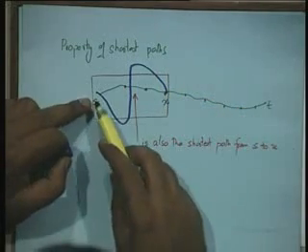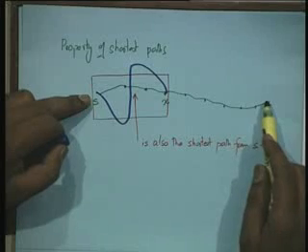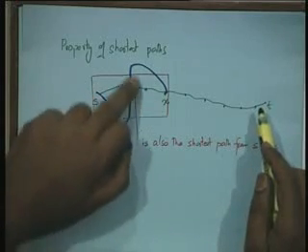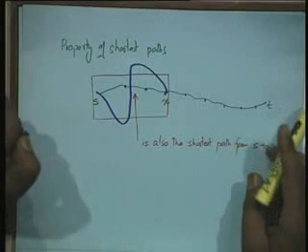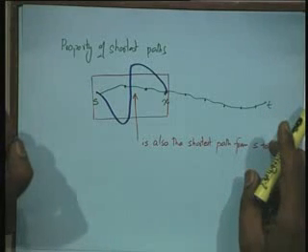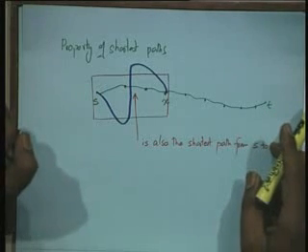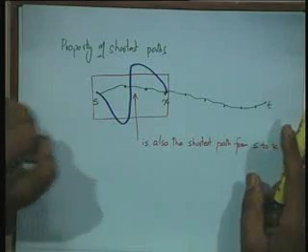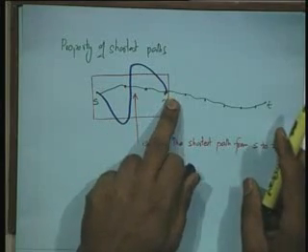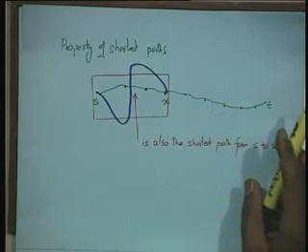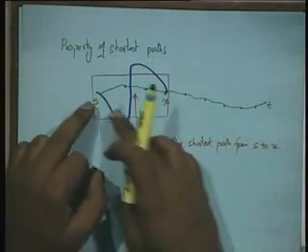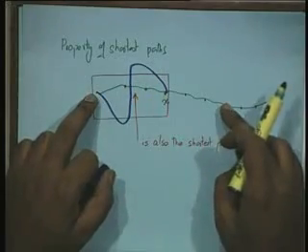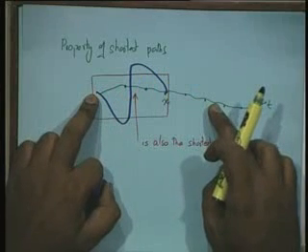Then the claim is that the shortest path between S and T is this blue path from S to X followed by this green path from X to T. And there was nothing particular about X. For any vertex on this path, the shortest path from S to that vertex is this path.